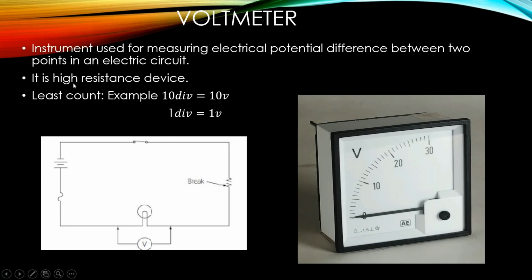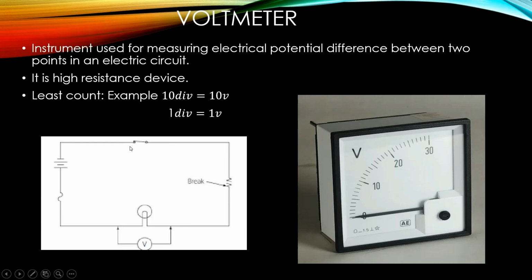Voltmeter is a high resistance device, meaning it consumes more energy. That's why we connect the voltmeter in parallel. Why is the voltmeter connected in parallel? Because it is a high resistance device and it consumes more energy.